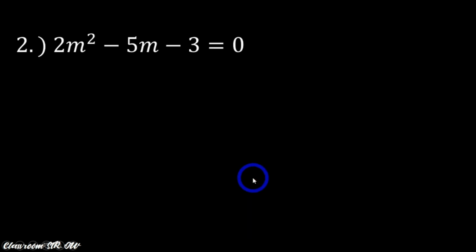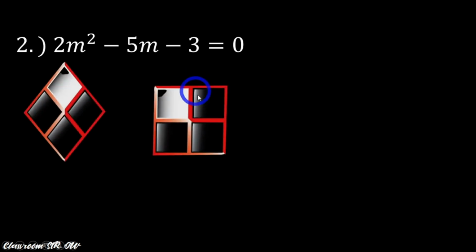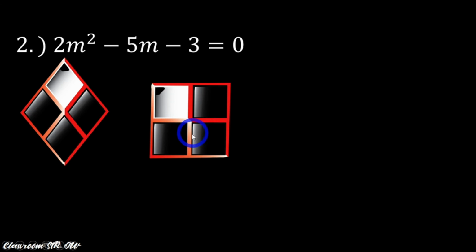Another example, 2m squared minus 5m minus 3 equals 0, still in the standard form of a quadratic equation. Now we will make use again of our diamond and box method. The same as number 1, this negative 5, the coefficient of the middle term, is on the top of our diamond.